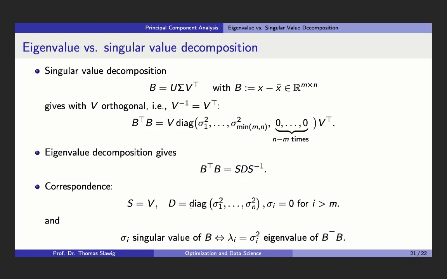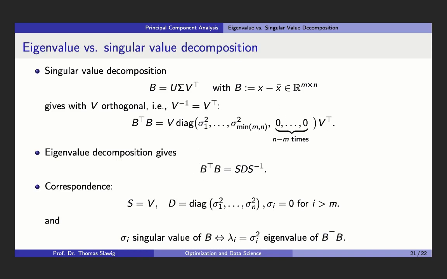D is just the diagonal of the singular values squared, where we set the values equal to 0 if i is bigger than m. So this is the same matrix, just written in a more compact way. D is a diagonal matrix.